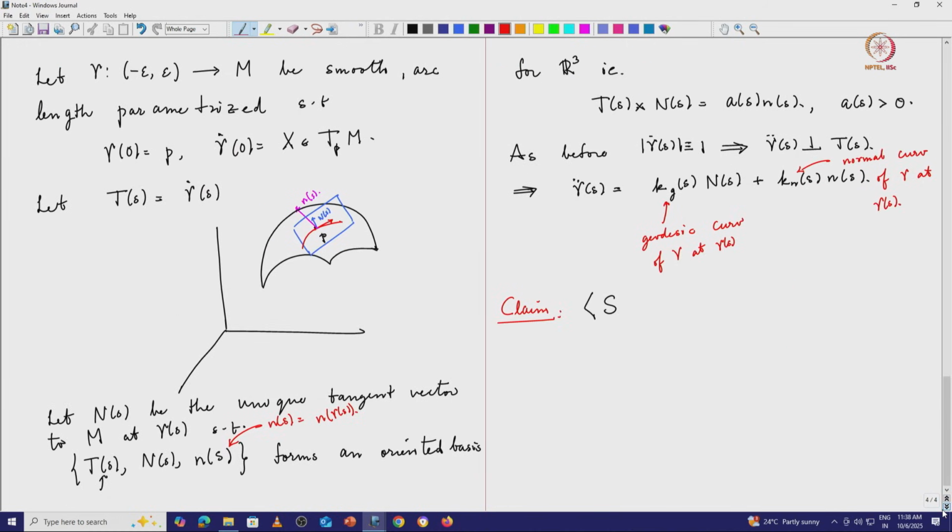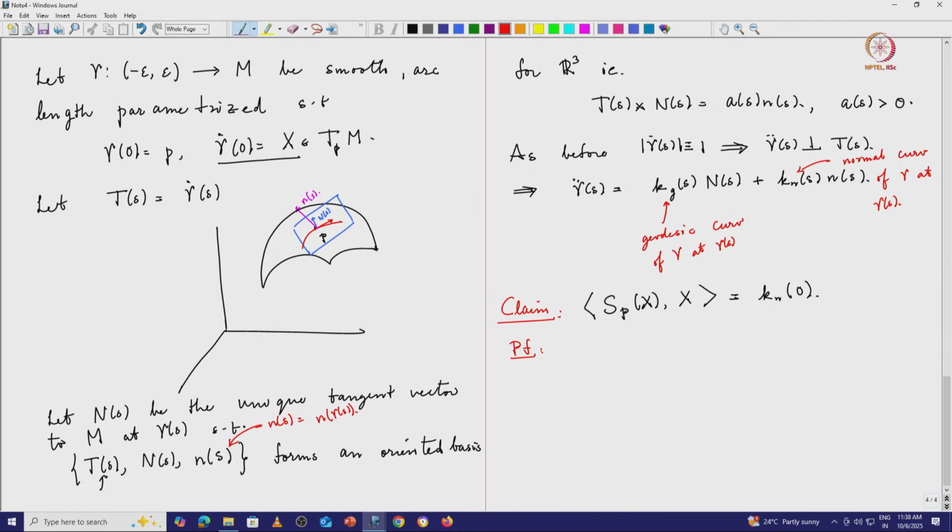So for the shape operator, an easy calculation, remember x was this tangent vector gamma dot of s. It turns out that this actually just computes the normal curvature.